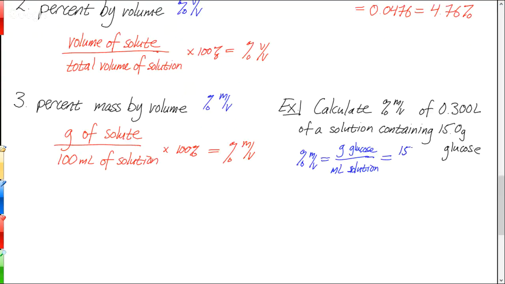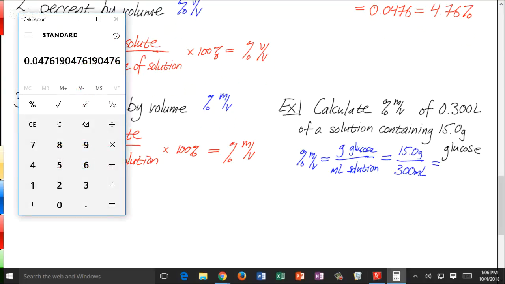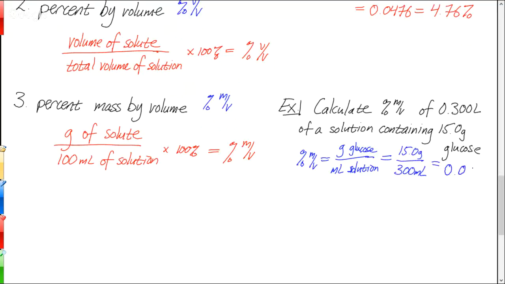So we have to do that conversion. 0.3 liters is 300 milliliters. So we go 15 divided by 300, and we get 0.05, which is 5% glucose by volume. 5% mass by volume glucose.